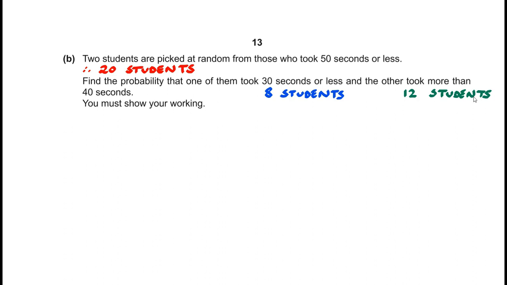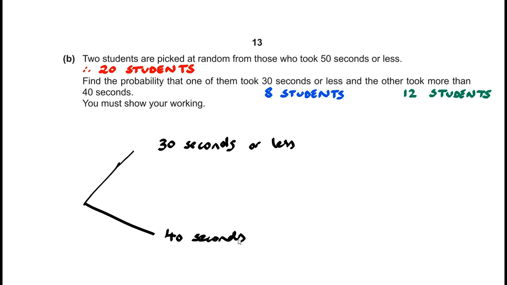Now let's think about this in terms of a tree diagram. What we would have is those who took more than 30 seconds, and then here, well, it's 30 seconds or less, and then the other one is 40 seconds or more.